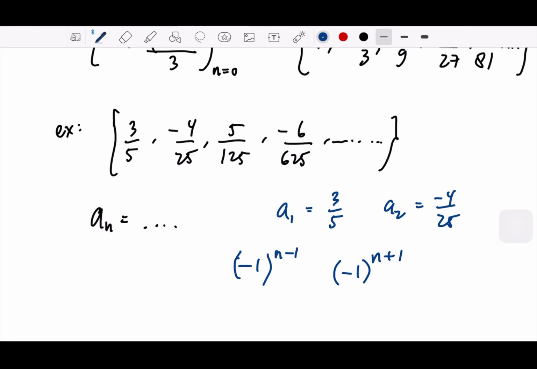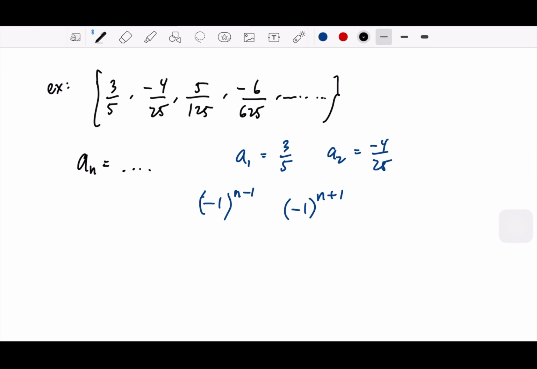If even, that will be positive. If odd, then it will be negative, right? And then maybe we can take the first one, n minus 1. And we start from, let's say, 1. We start from 1, then it will be 0. It should be 1, right? So it is still okay.